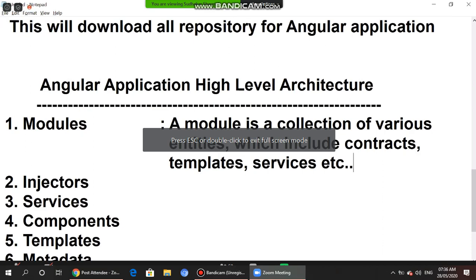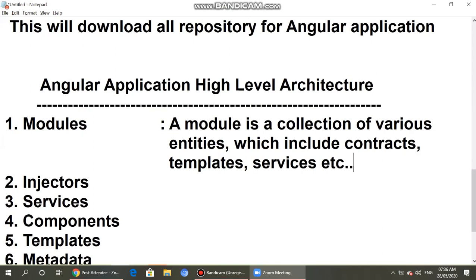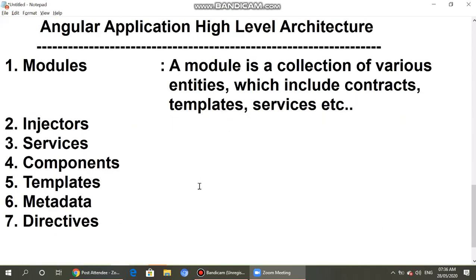So modules are very important for an Angular application. Everything is handled by using these modules initially. So we have component related modules, service related modules, value related modules, function related modules. So many are there.